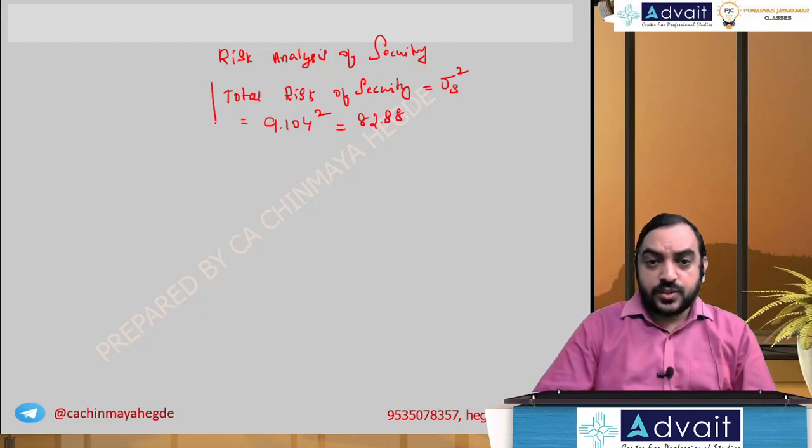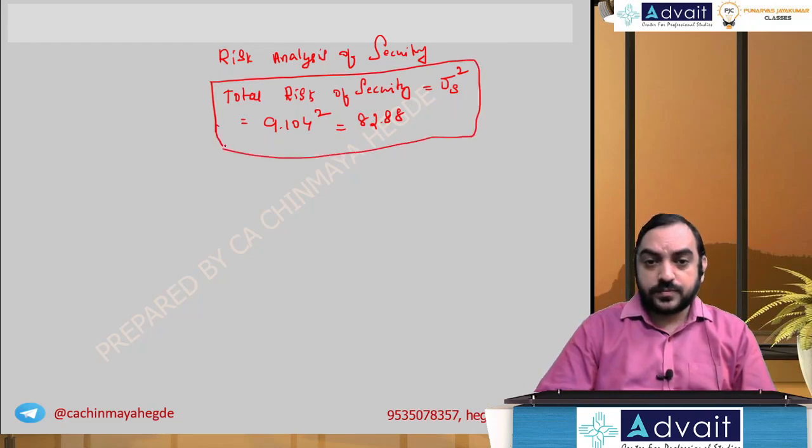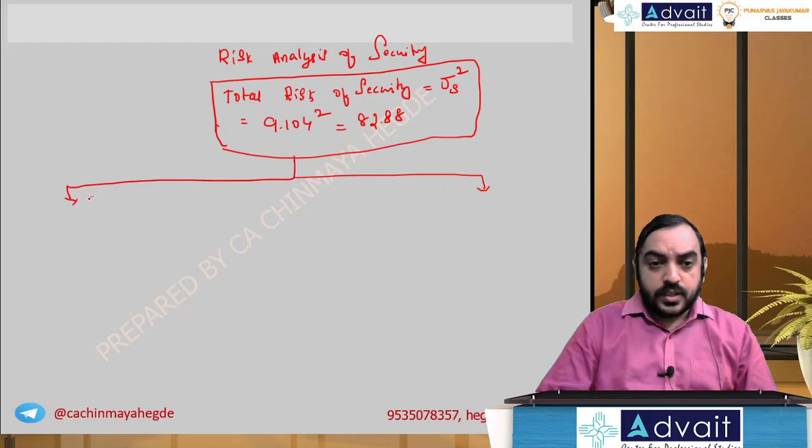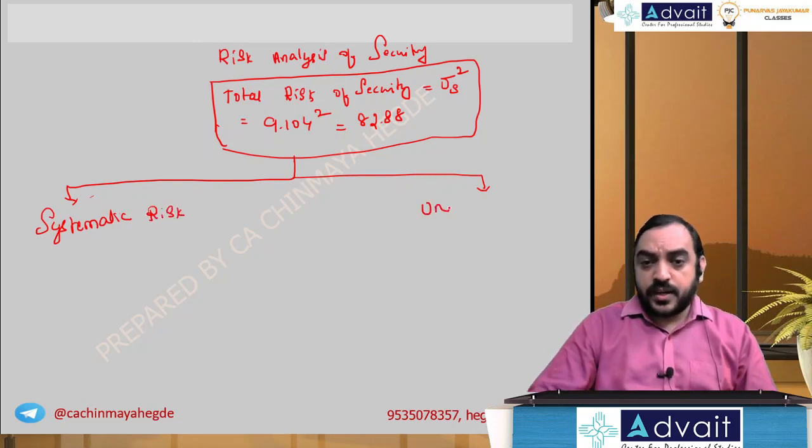Okay, this is the total risk of a security. This will be divided into two parts: systematic risk and unsystematic risk.